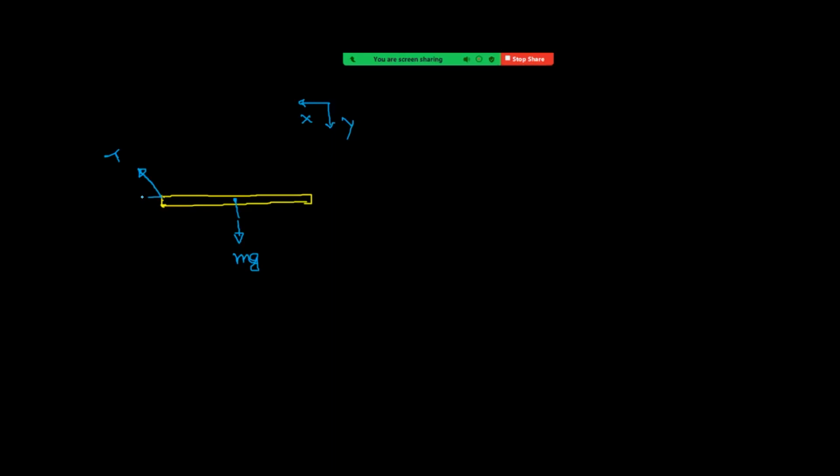So for tension, one component is left and one vertically up. See, the given angle is now 30. So this is T cos 30, and this is T sin 30.